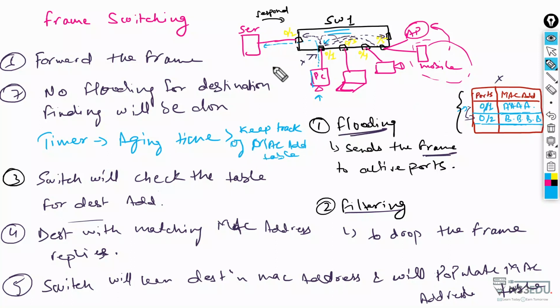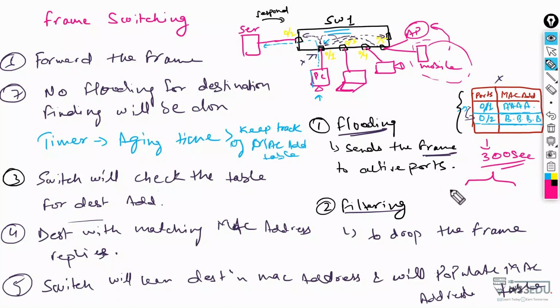Now these MAC addresses are there for a certain time, and that time is 300 seconds. If within 300 seconds these devices are able to communicate with each other, then it will be reset. So you will write that there are two cases here.